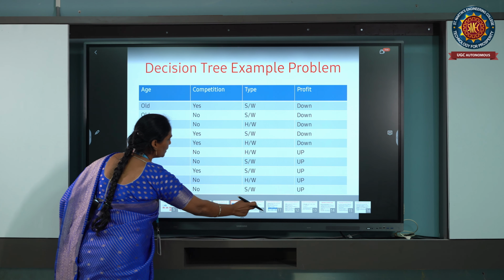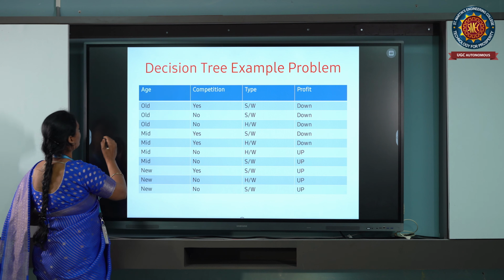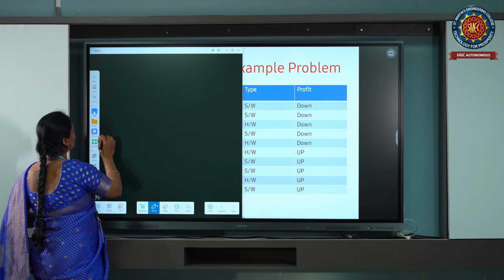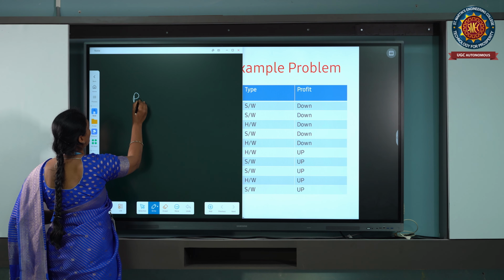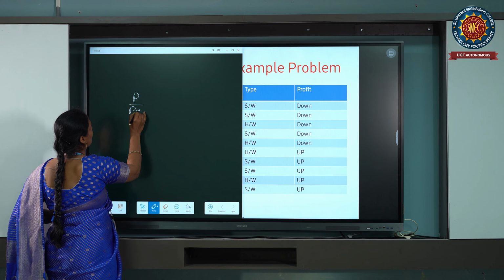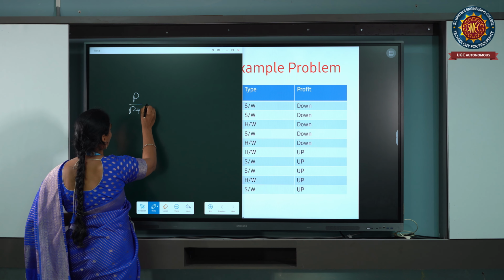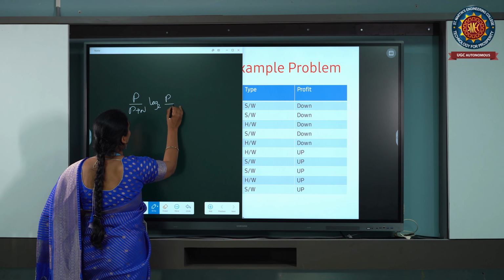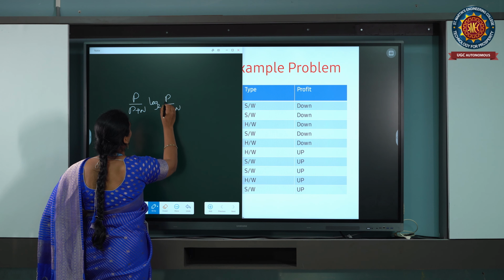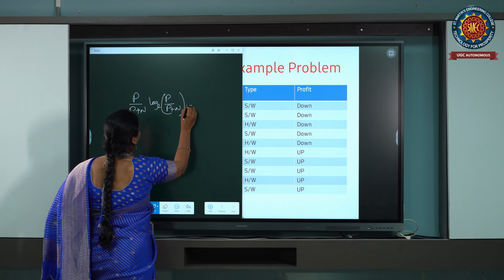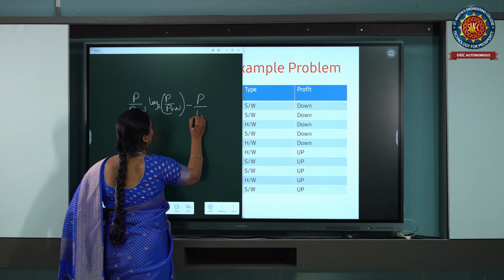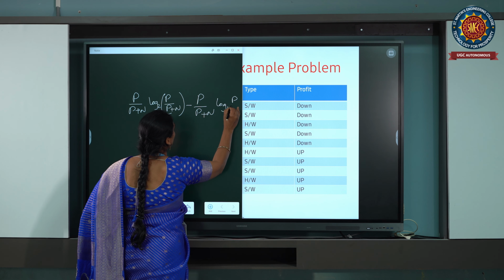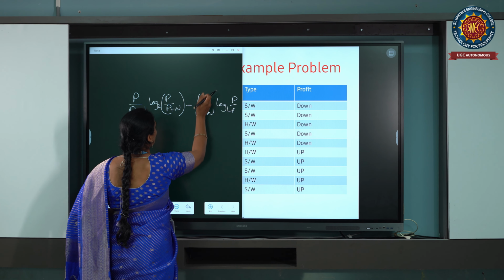Based on that we calculate P by P plus N, log base 2 of P by P plus N, minus P by P plus N, log base 2 of P by P plus N.